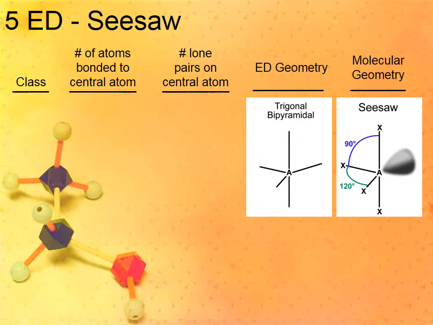Seesaw is the first molecular geometry that includes a lone pair. Therefore, of course, the number of atoms bonded to the central atom is 4, with one lone pair.